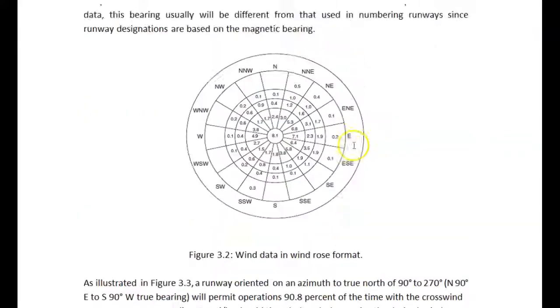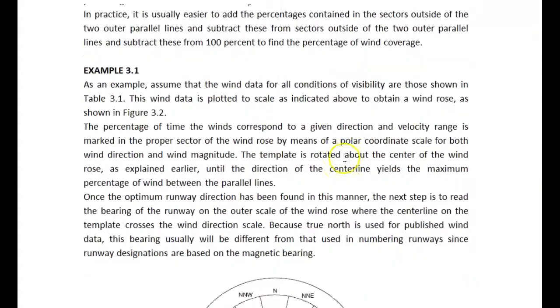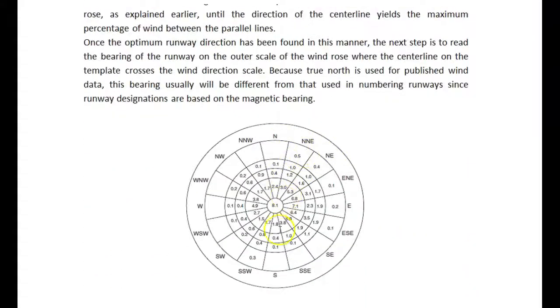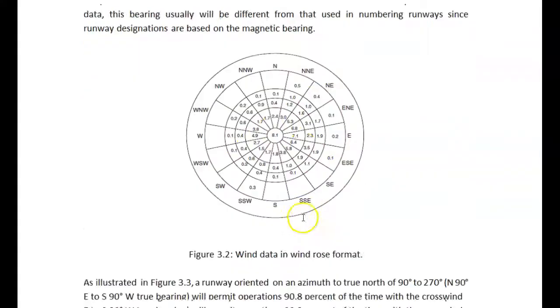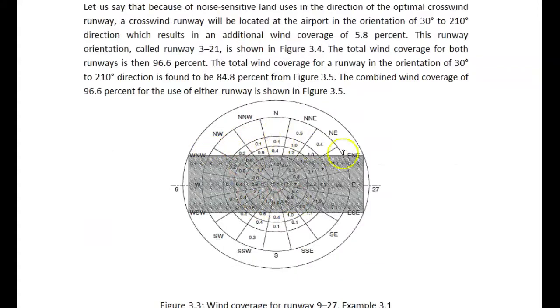So the next thing we need to do is, using the template we have here, we will superimpose it here and continue to rotate it. While looking at what we have here, we add up what we have in the area covered by the template, as in this diagram. As we set the center of the template and rotate it along the wind windows, you can see the values we've gotten here.